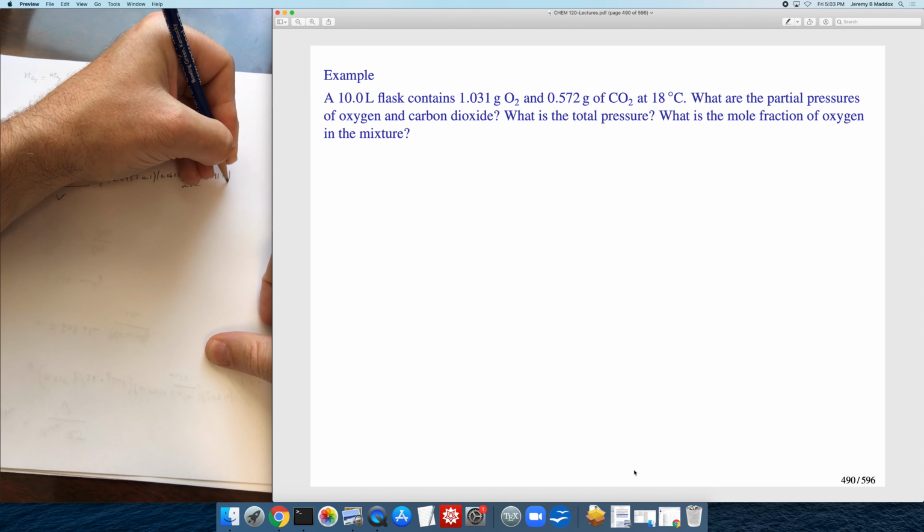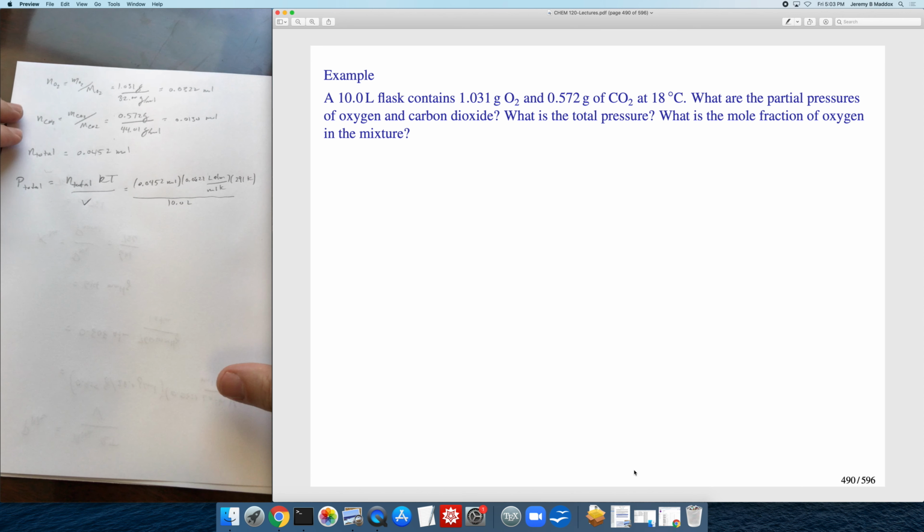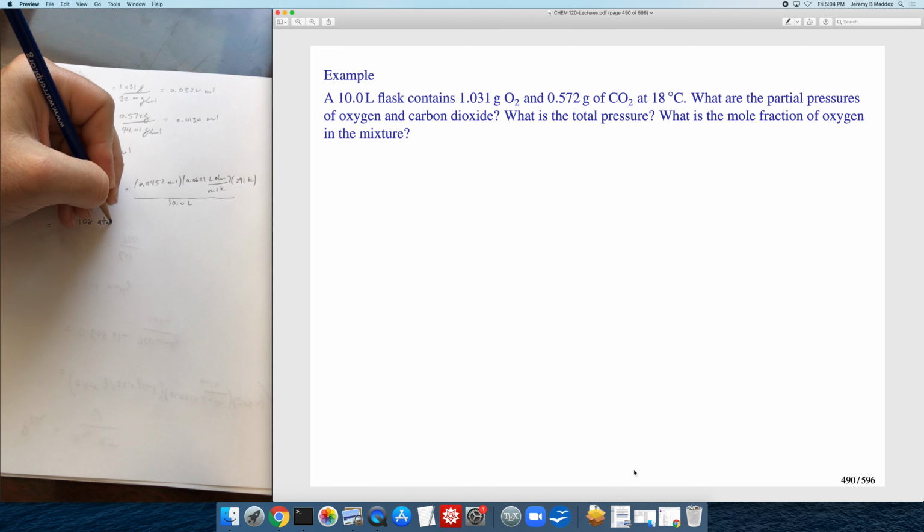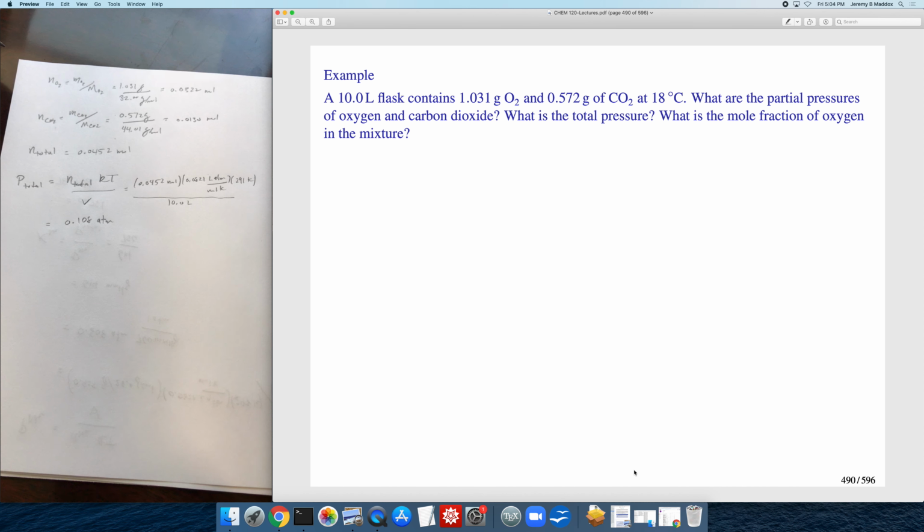And then we'll divide by the 10 liters. If I've done that correctly, I'm getting 0.108 atm out of the calculation. Just check one more time. Yes. So that's the total pressure.